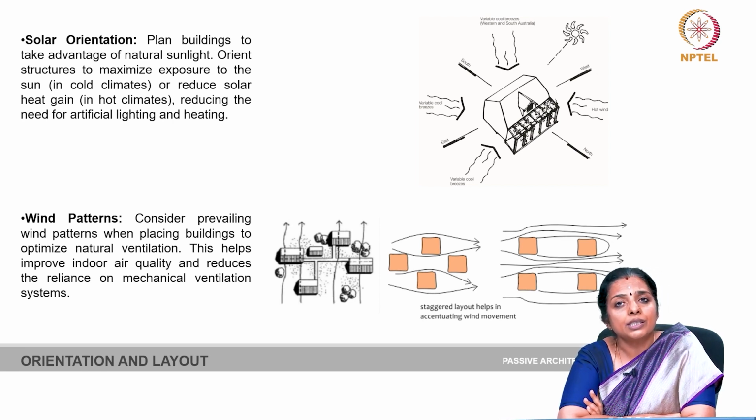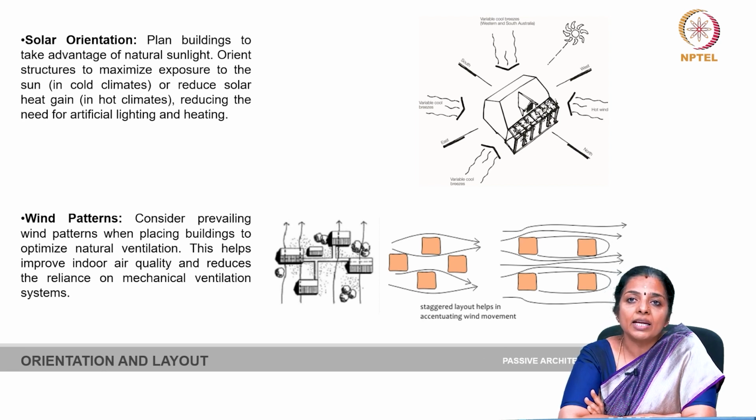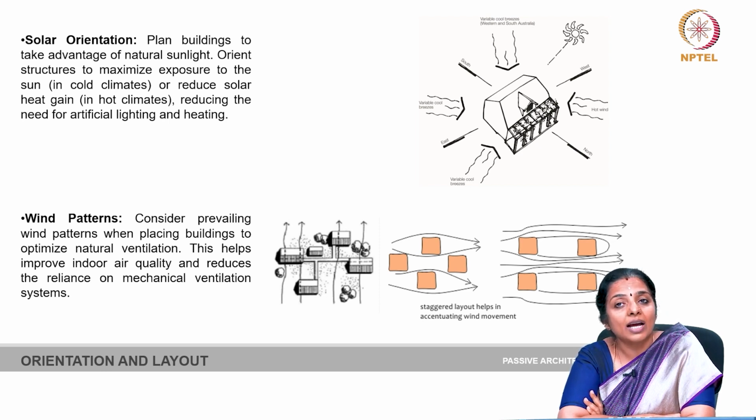The considerations we must have when we design for wind patterns are that the prevailing wind patterns must be tapped for optimal natural ventilation. We must improve indoor air quality with fresh air intake through natural cross ventilation.